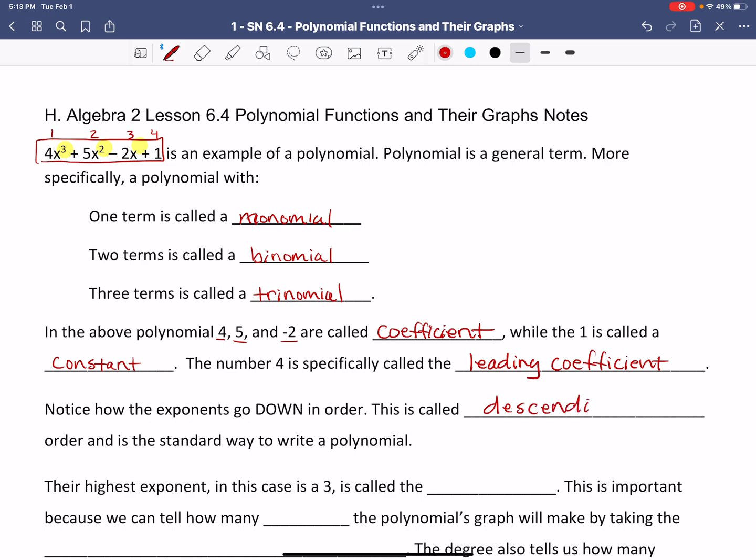Let's talk a little more about those exponents. Because the 3 is the highest exponent in our problem, this polynomial has a degree of 3.